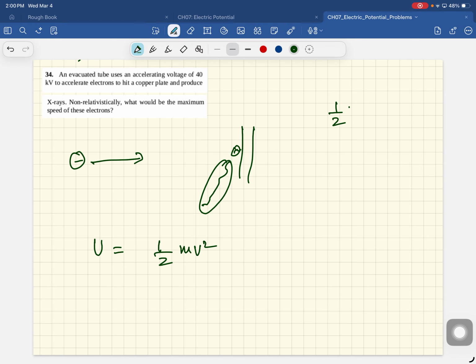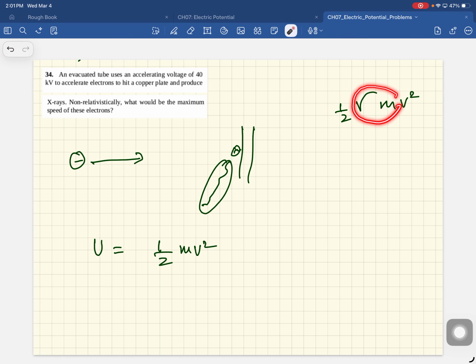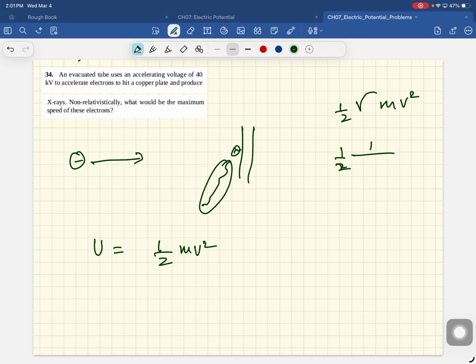Okay, so really we shouldn't have used this formula. What you really needed to use was, okay, so the kinetic energy of the electron is given by gamma mv square minus mc square.